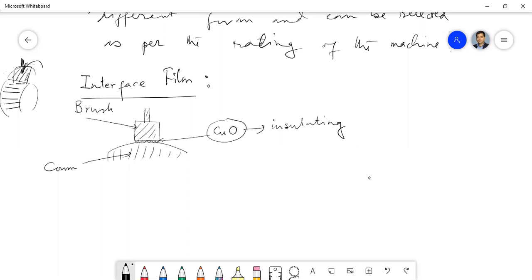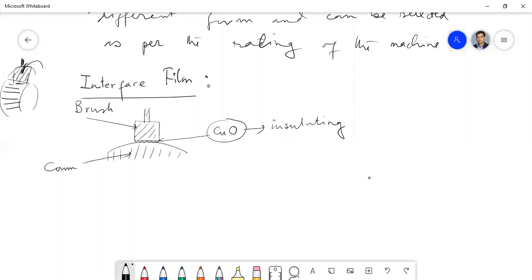We don't have to take any additional measure for that. Now why is it happening smoothly? Why is the commutation process happening smoothly in spite of this insulating material, the cupric oxide? So that is my question.